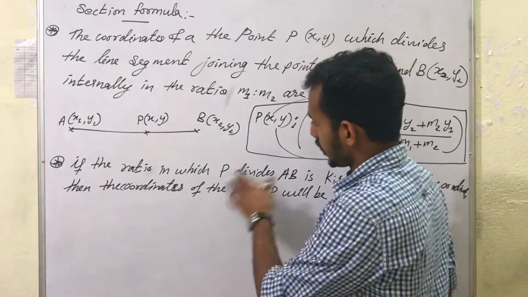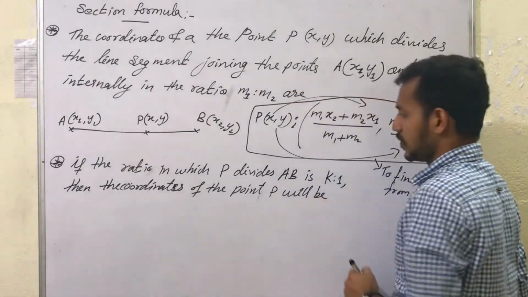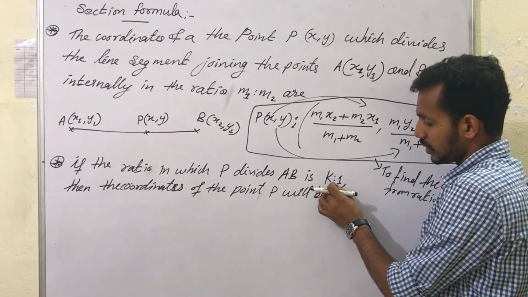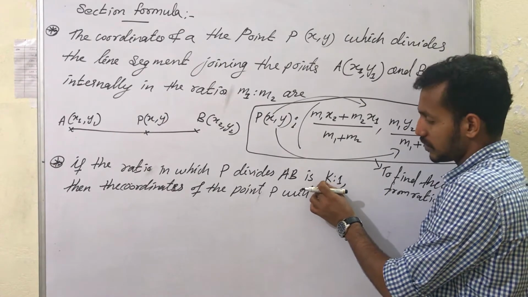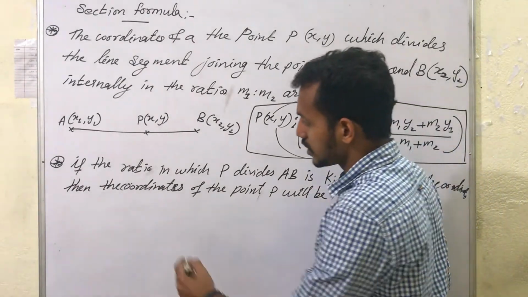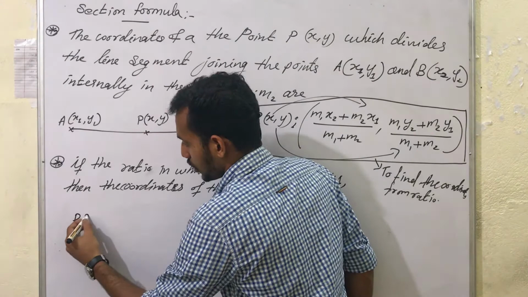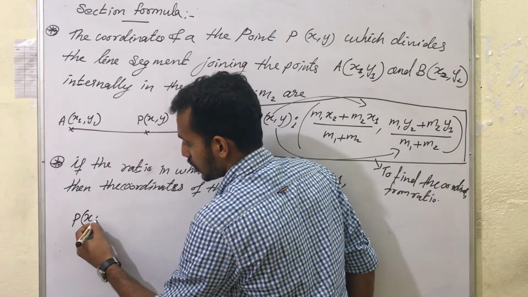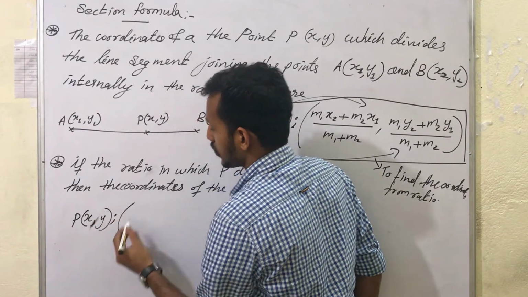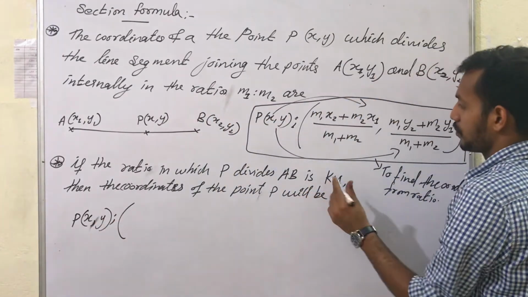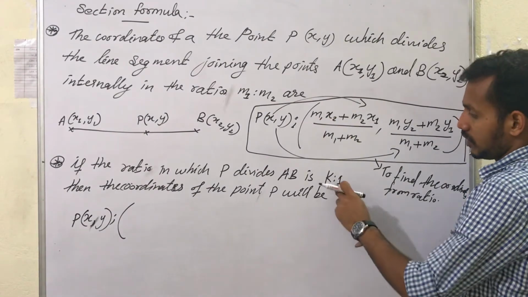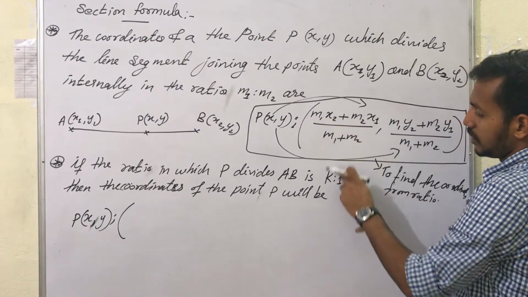Now, the second possibility is that the ratio is k is to 1. On the right side the portion is 1, and the left side portion is not 1, it is some constant k. So in that case, the section formula will be turned into, instead of m1 we can put k, and instead of m2 we can put 1.